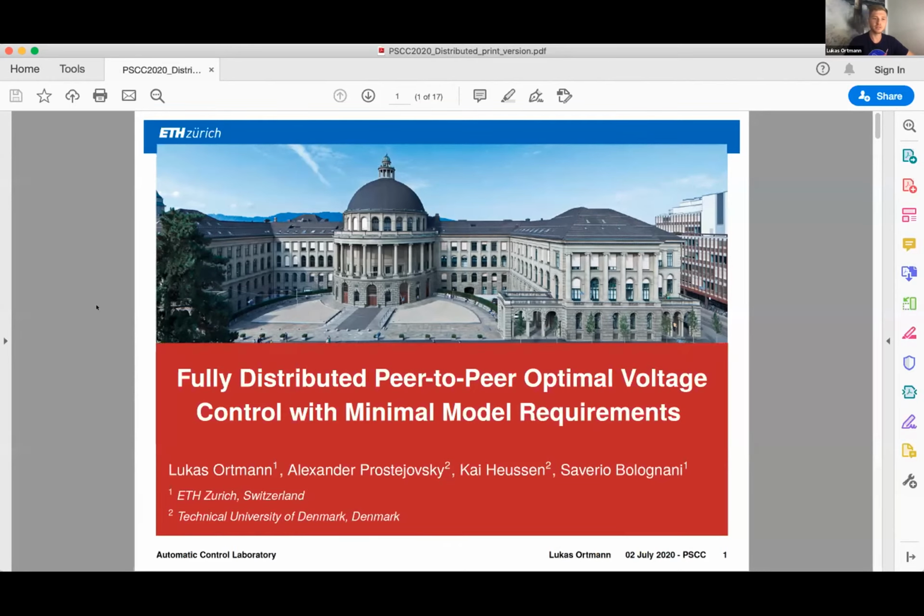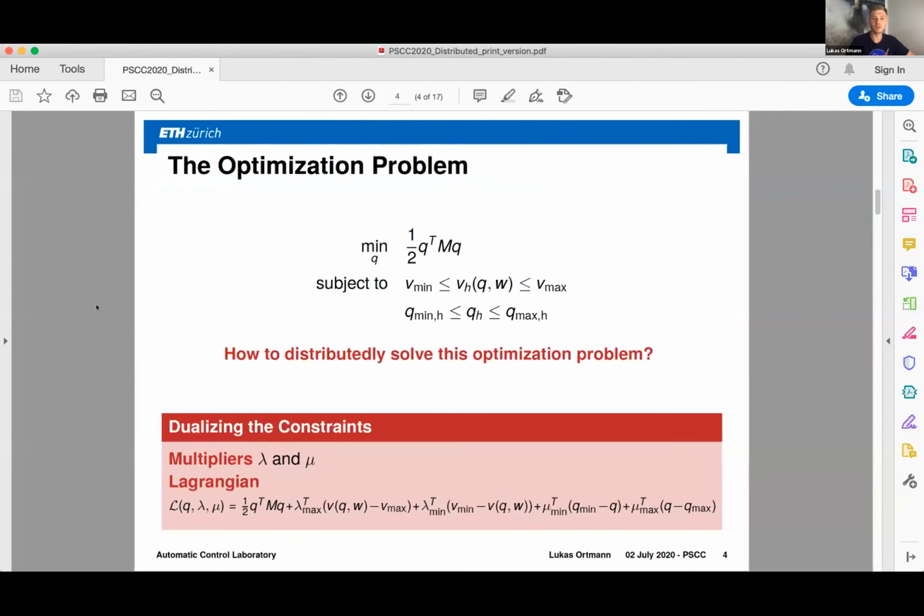When we're defining the problem, we choose a special cost function M, which is going to be the inverse of this G matrix that I introduced. So we're solving a special problem, but it's basically what we're trying to solve. The cost function here is to penalize voltage deviations. So we're converging to the optimal solution, and I think the optimization problem that we are solving is a very reasonable assumption.